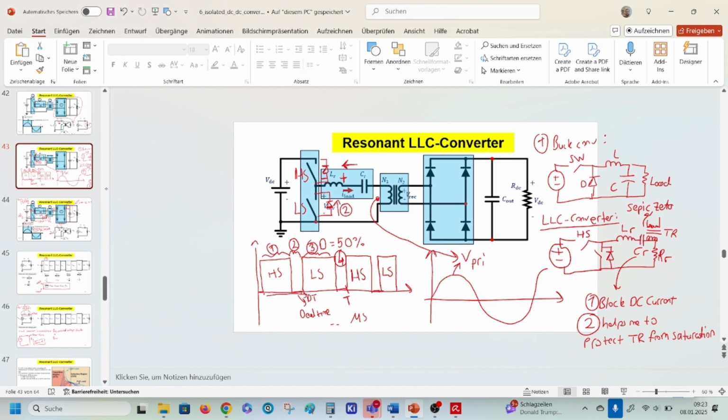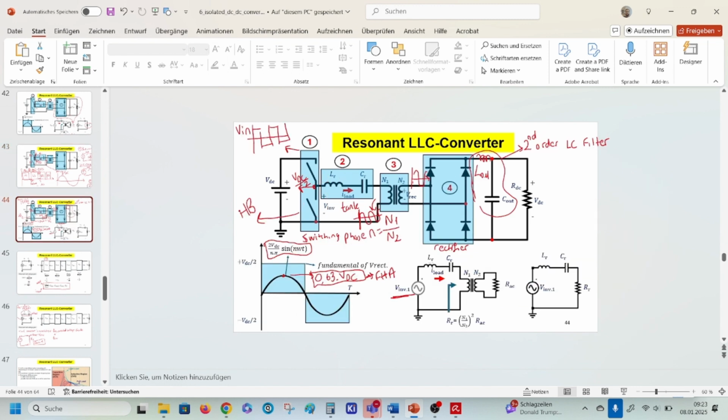This is for half bridge topology. 2 over pi was our sine wave output voltage at this node here.